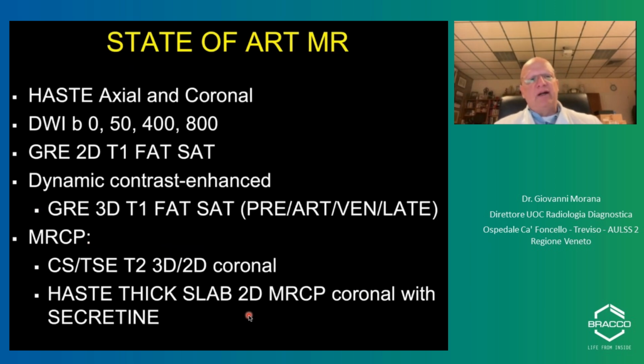MR, the state of the art MR protocol is quite simple, but very sensitive and specific. That means just anatomy, diffusion weighted imaging, T1 FAT-SAT best for the signal of the pancreas, and of course dynamic imaging and MRCP without or sometimes also with secretin.